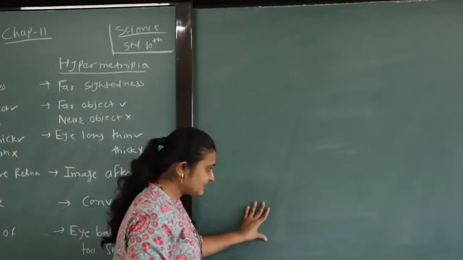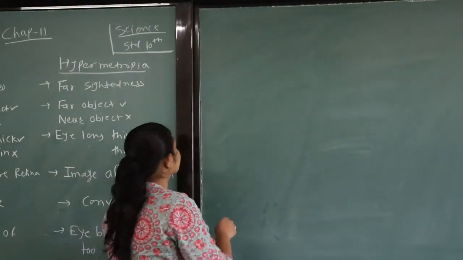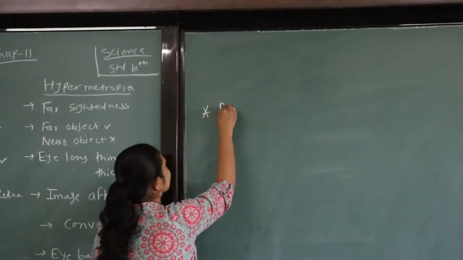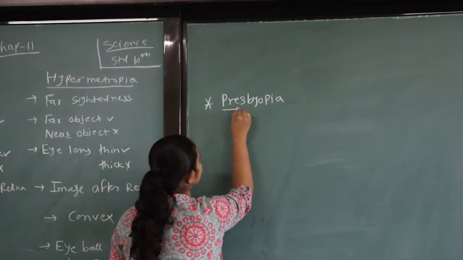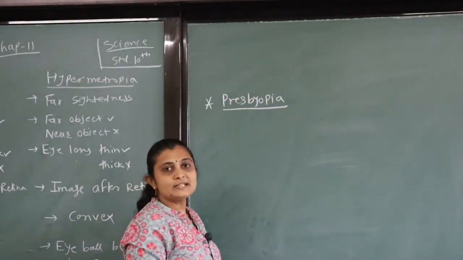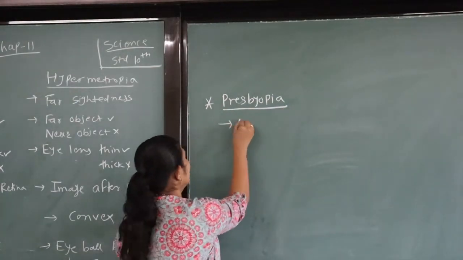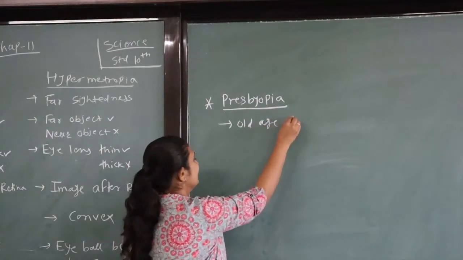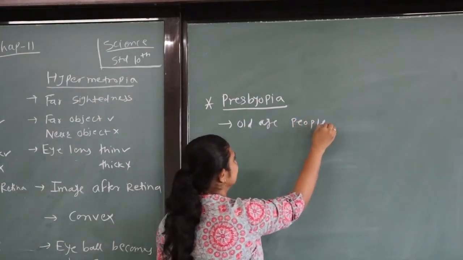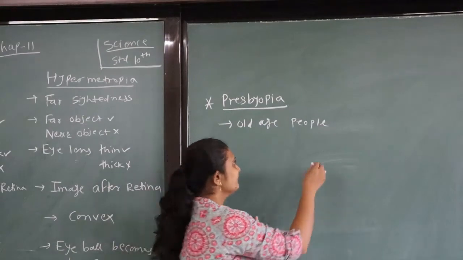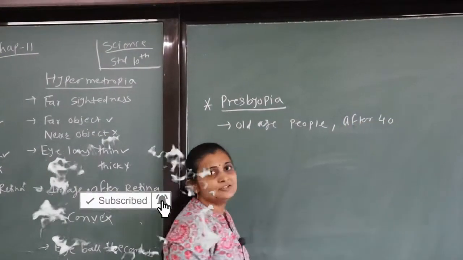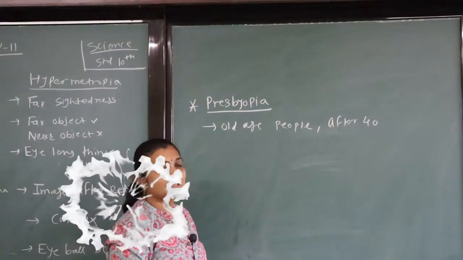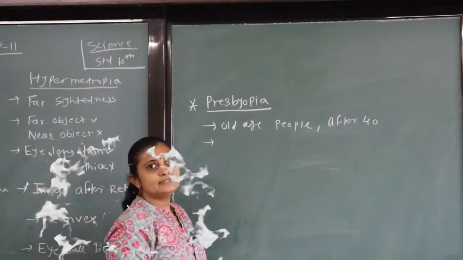Next disease is presbyopia. Now, what is presbyopia? In old age people, this disease arises, meaning after the age of 40 this disease arises. Now, what happens in this disease?